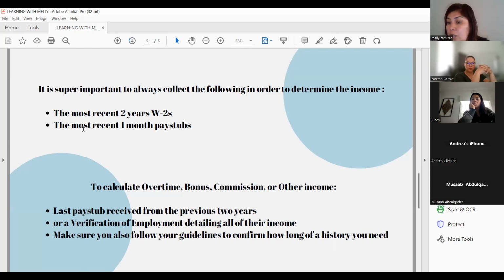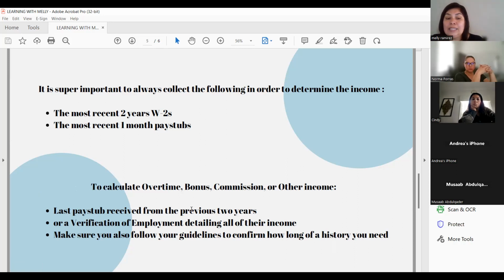Now, if you want to start using other types of income, like overtime, bonus, commissions, the way I always try to do it is I do a verification of employment, because I want to make sure I see all of the income before I give it to the clients. I don't assume. It's much easier to get the last pay stub received from the employer for the previous 2 years, because on there you're going to see everything broken down.